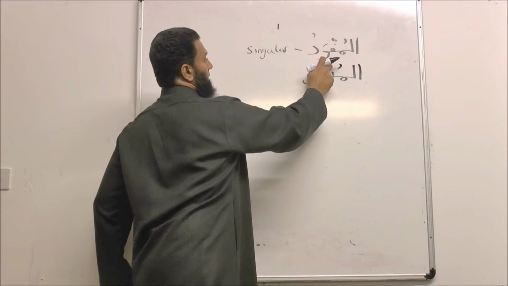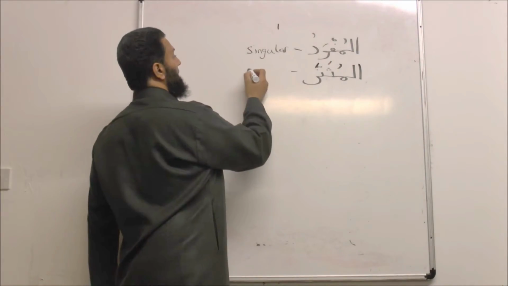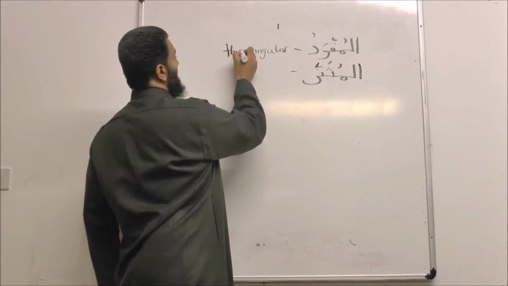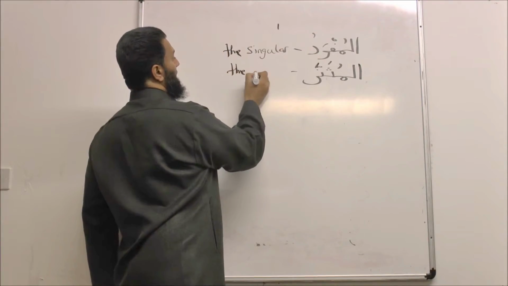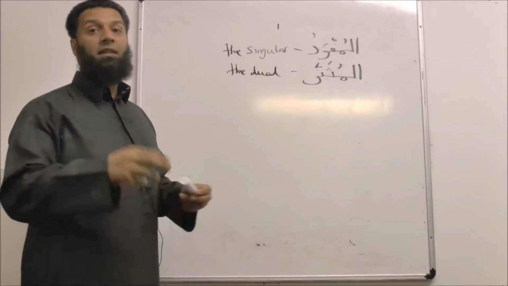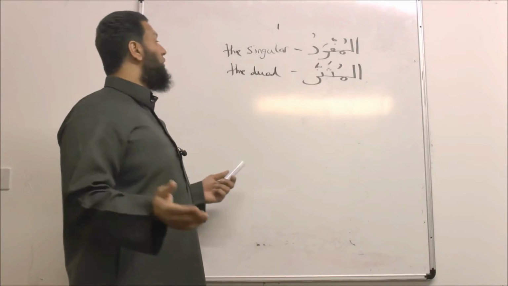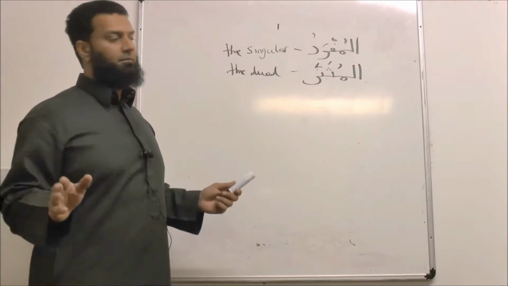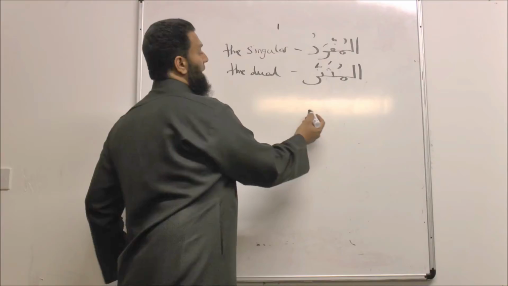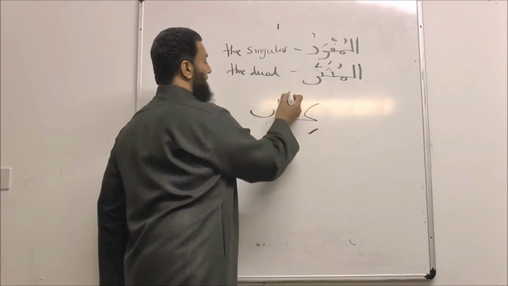Al-muthanna, which means the dual. Okay, that's the singular, and this is the dual, as in two. So, how do we form al-muthanna? To form al-muthanna in Arabic is actually very simple.